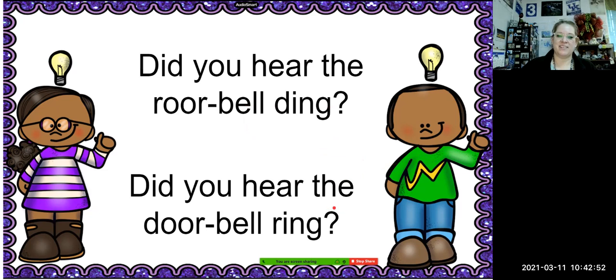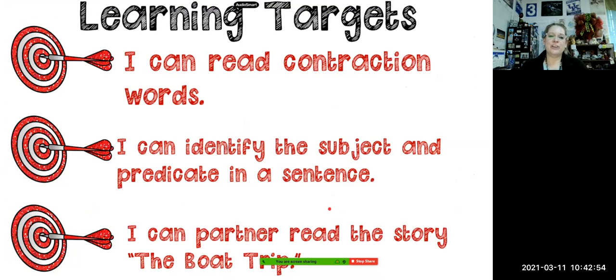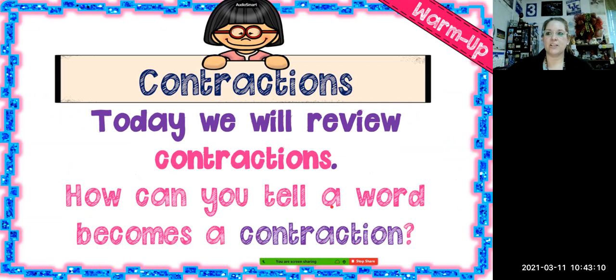Good job. All right, our learning targets for today are: I can read contraction words, I can identify the subject and predicate in a sentence, and I can partner read the story, The Boat Trip. All right, so contractions. You guys have heard that word before, right? Contractions. Today we're going to review contractions.